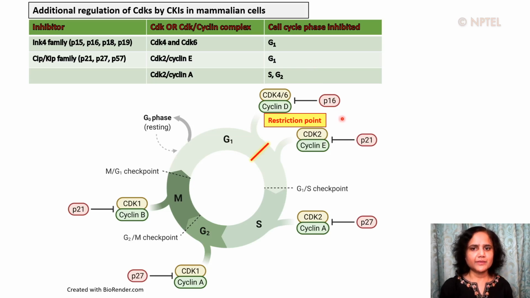They are mentioned here, P16 and 18, 19, various variants are there. The KIP family, which includes P21, P27 and P57, bind to CDK2 cyclin E, and they block entry into S and progression through S and G2.